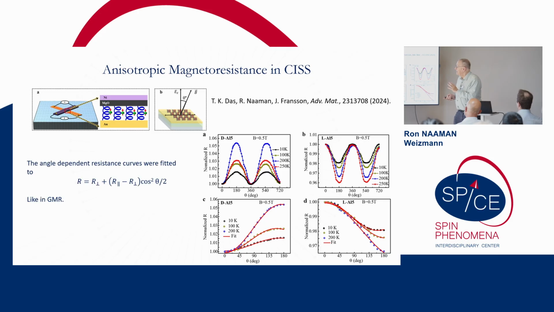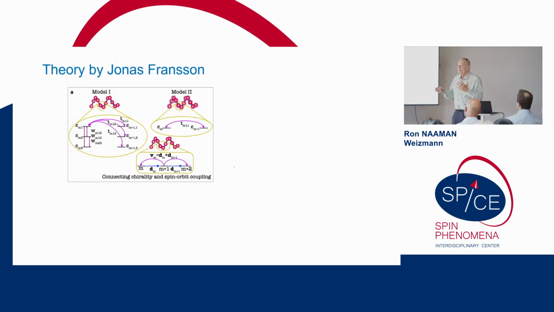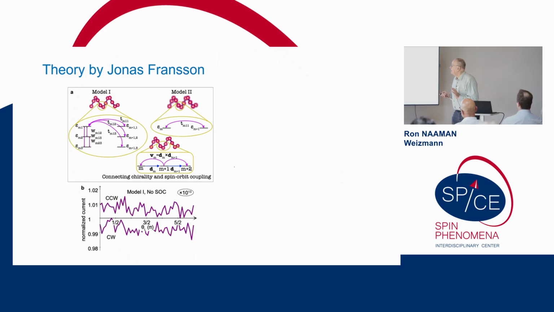And the question, can we model it? And here again, we went to Jonas. He saves us every time. So he used the model, and you can ask him about the model. The model is simple, but it gives a lot of insight.